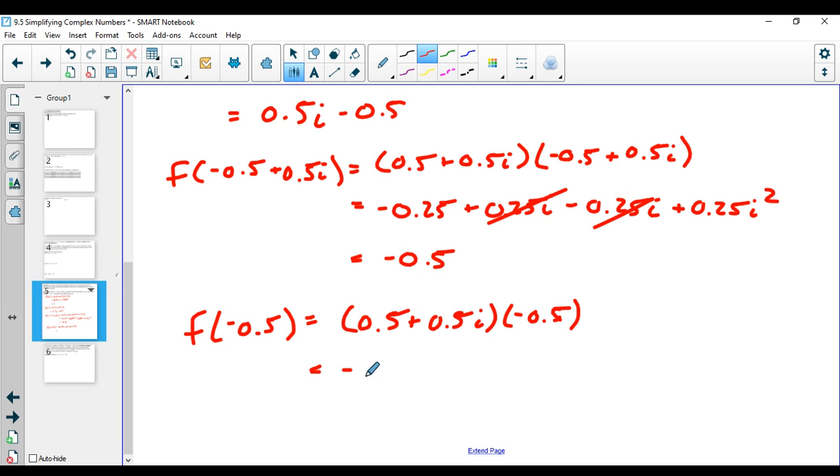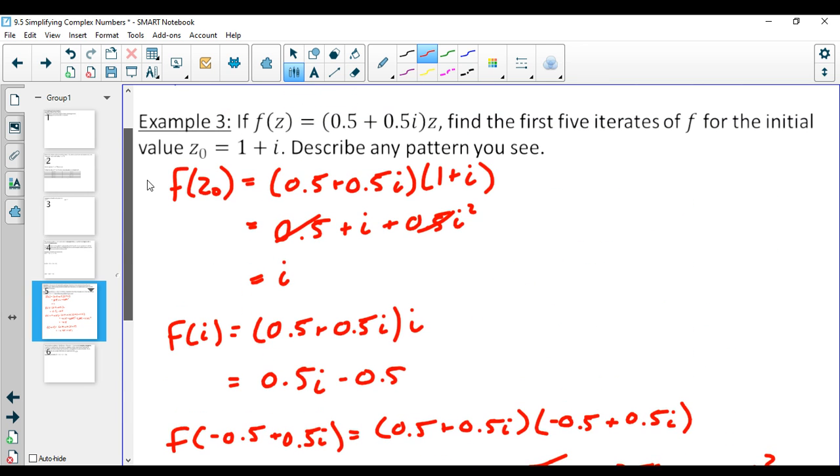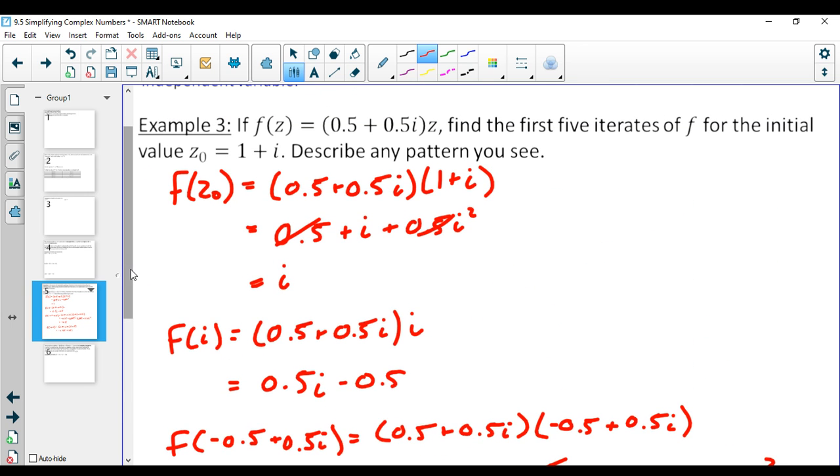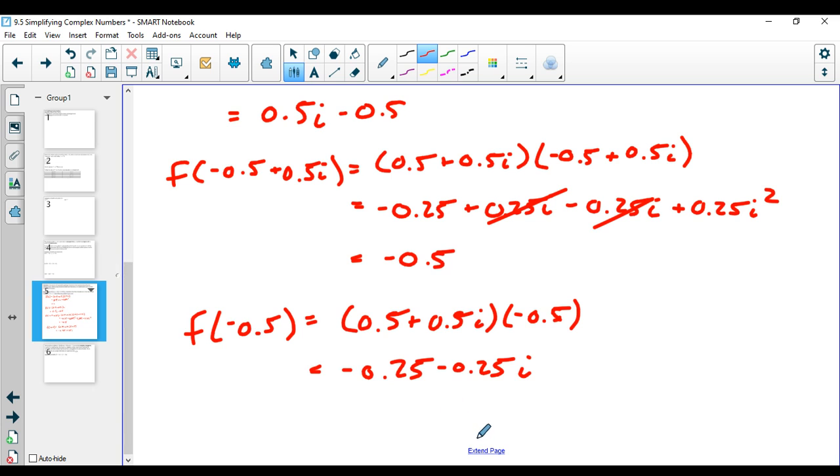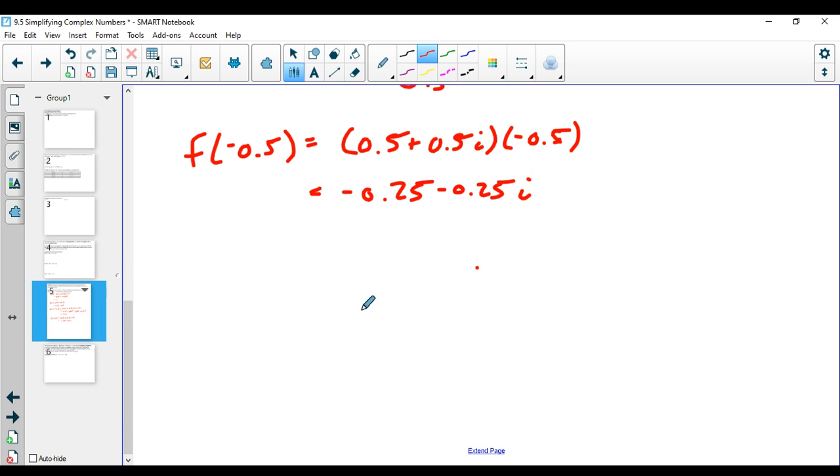That'll be negative 0.25 plus or minus 0.25i. And how many have we done? We've done 1, 2, 3, 4. Let's do one more.